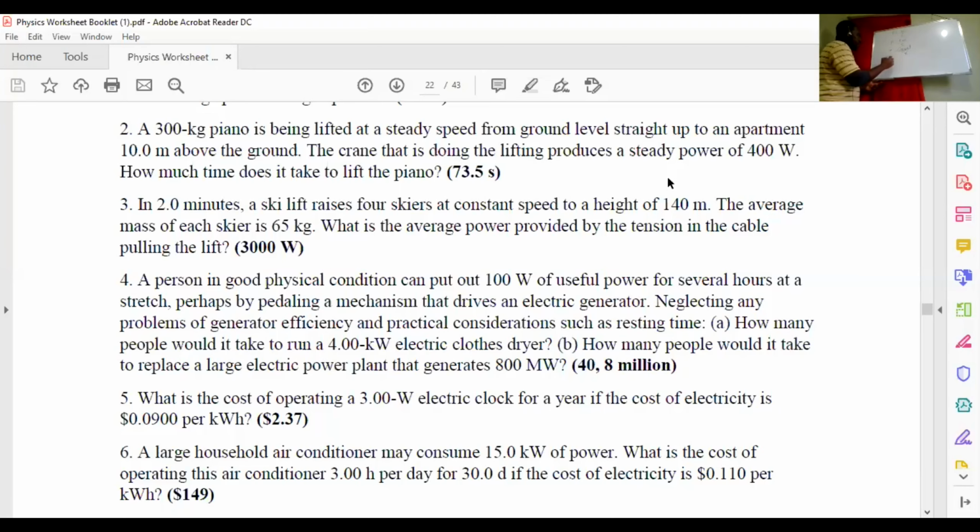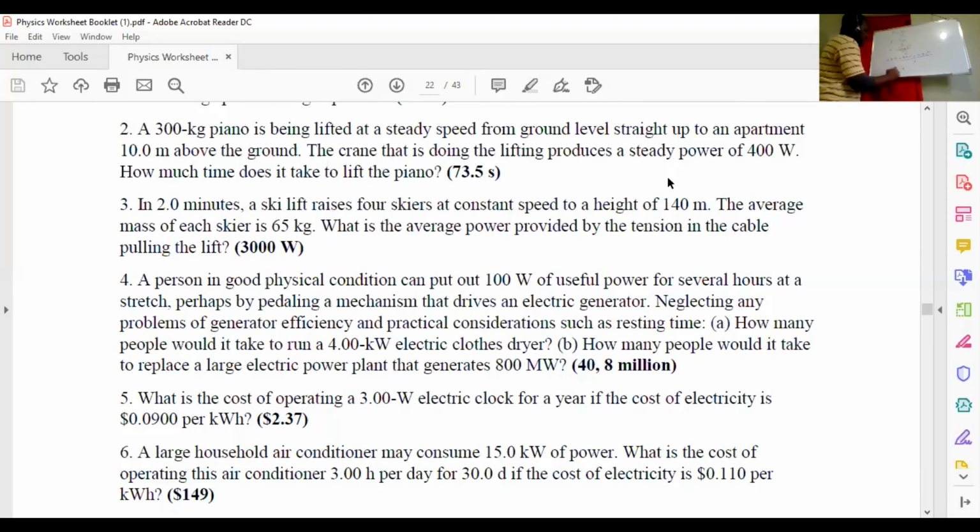All right, so let's put in our values. The power here is 400, which is equal to the mass, times g, which is 10, times the distance moved, which is 10, over time.